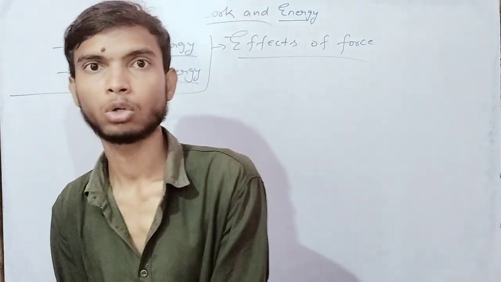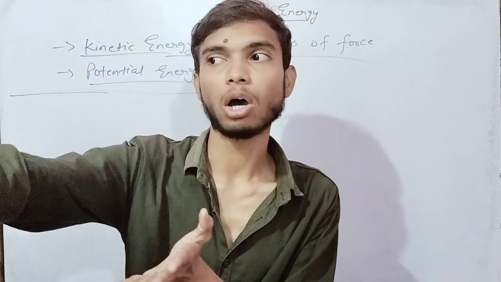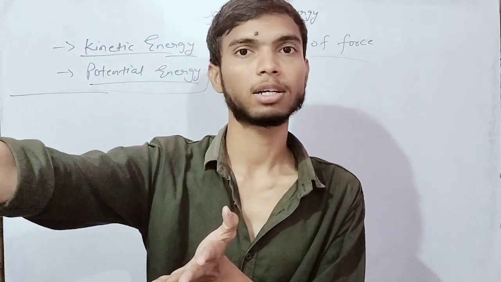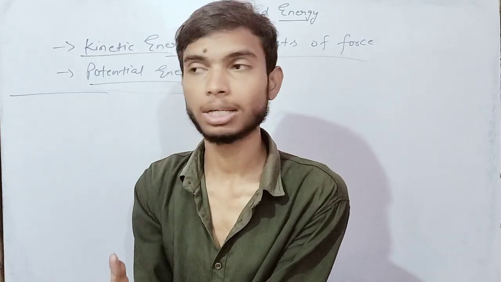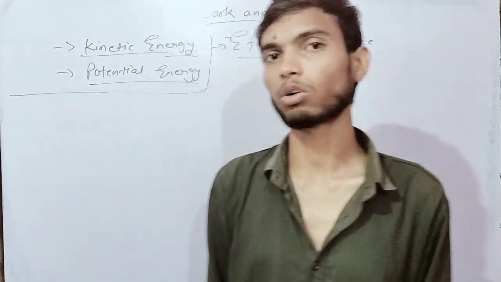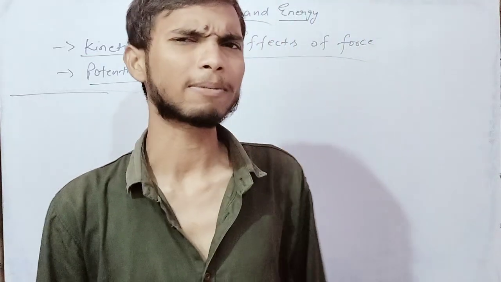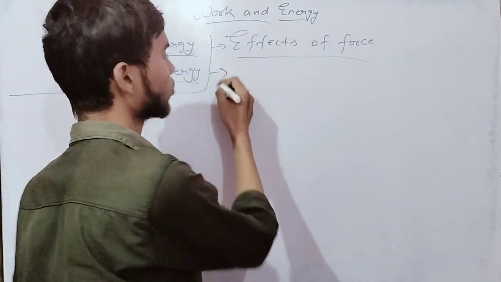So here you applied force. Now the object was moving. It was in motion. When you applied force, it came to rest. Now this is the first effect of a force. You can easily say that the first effect of a force would be what?